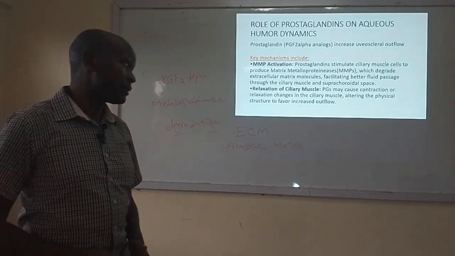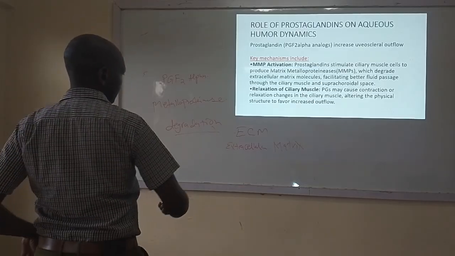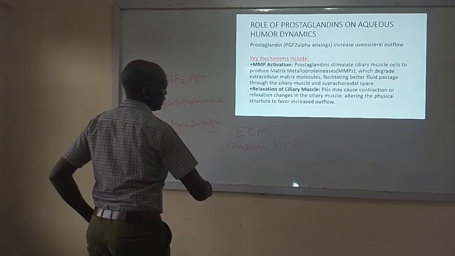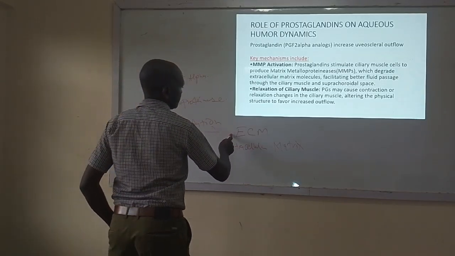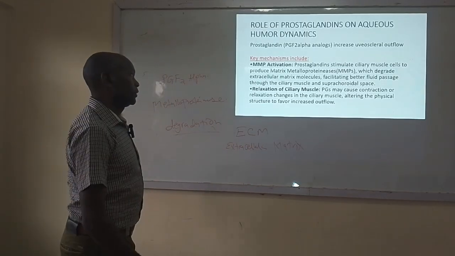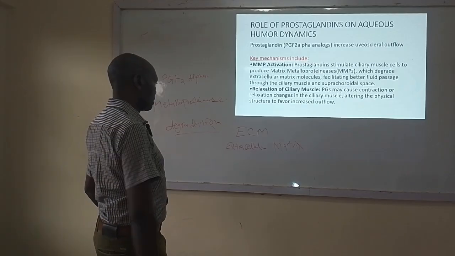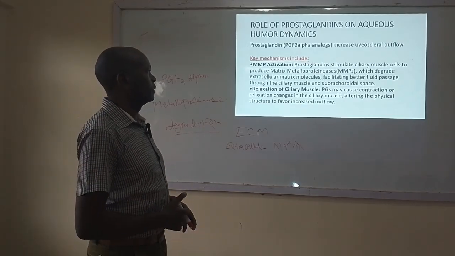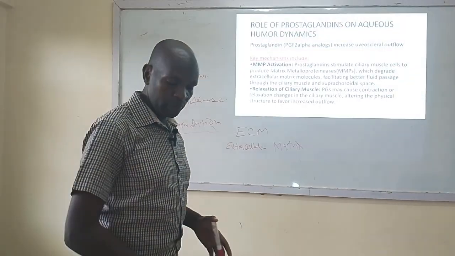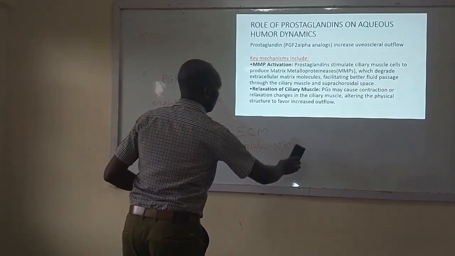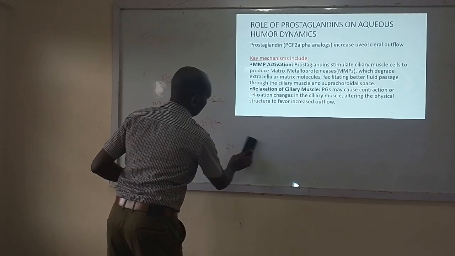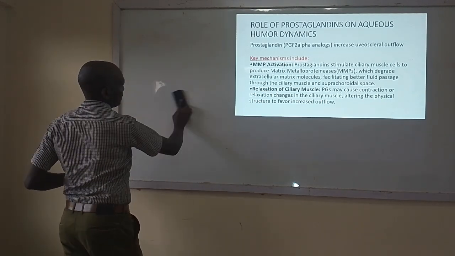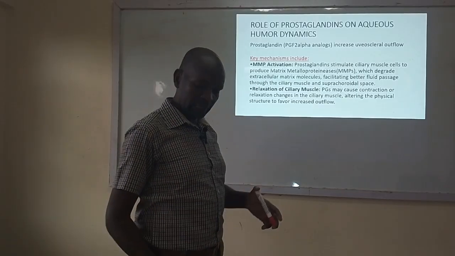It degrades extracellular matrix, and once you degrade the extracellular matrix, you create space within the tissue. Then by so doing, you allow our aqueous humor to flow through this route that we are referring to as the uveoscleral route.